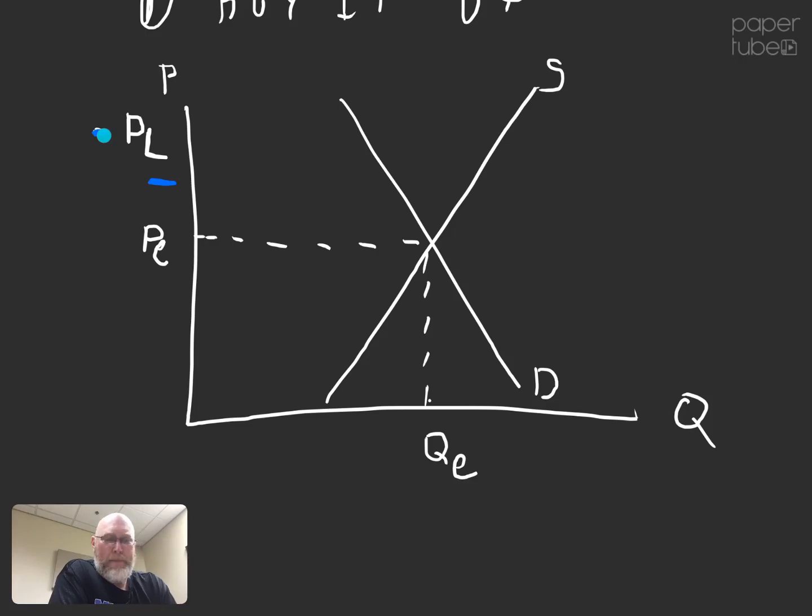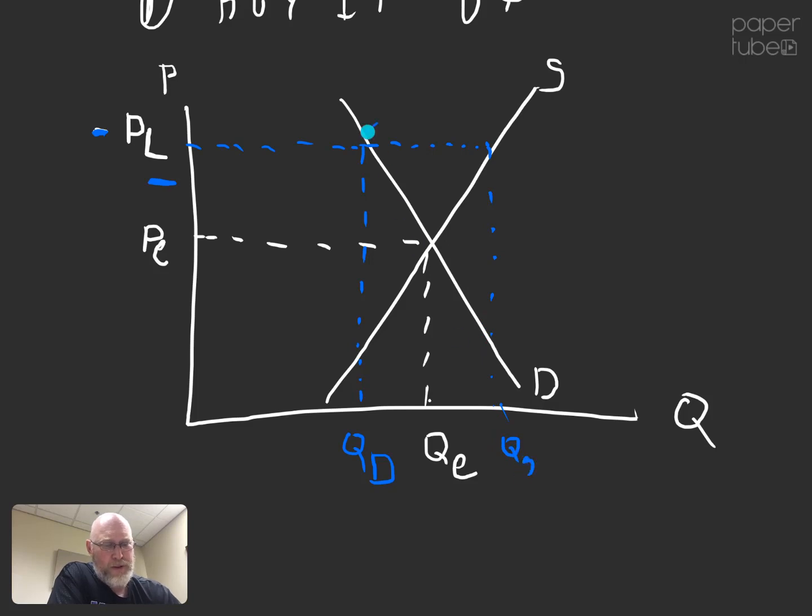And so what ends up happening is we have this higher price here. And as we said before, it causes the consumers of corn to buy this quantity here, QD. And they would buy that quantity at the loan rate. They couldn't buy it less than the loan rate. And the farmers are going to produce this quantity here, QS.